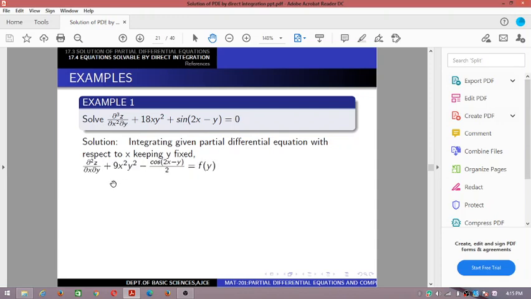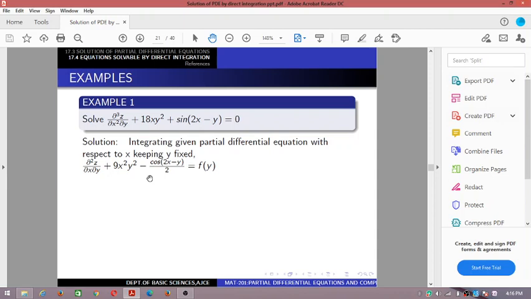Then the expression becomes ∂²z/∂x∂y plus, for the second term, 18y² is constant. Integral of x is going to be x²/2, and 2 from 18 will be cancelled out, and the term becomes 9x²y².